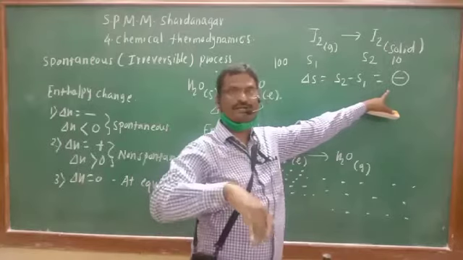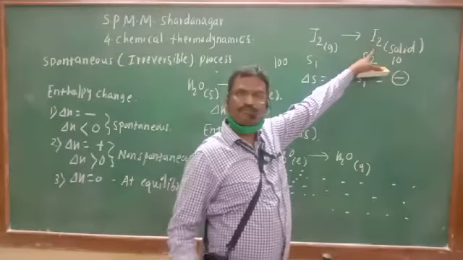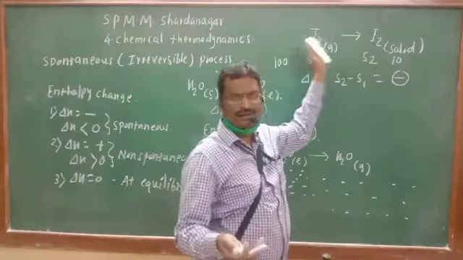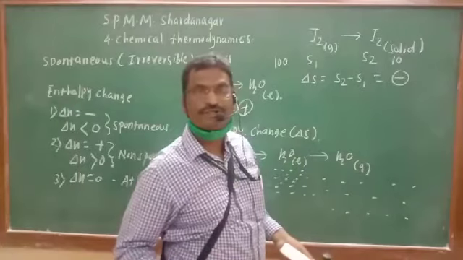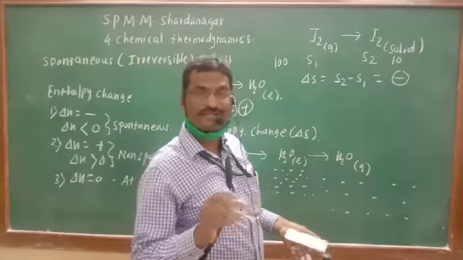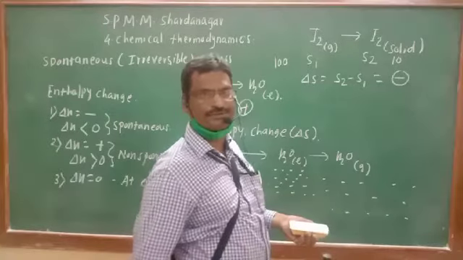It is non-spontaneous. But if we consider iodine crystals placed open to the atmosphere, they are converted to iodine gas because entropy change is positive, even though that is an endothermic change.